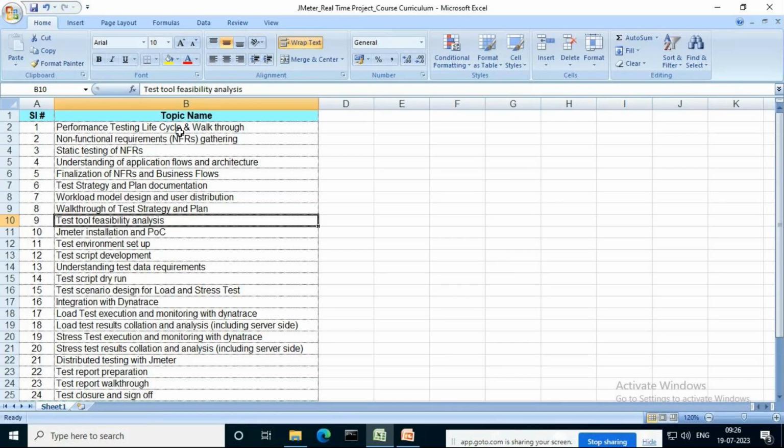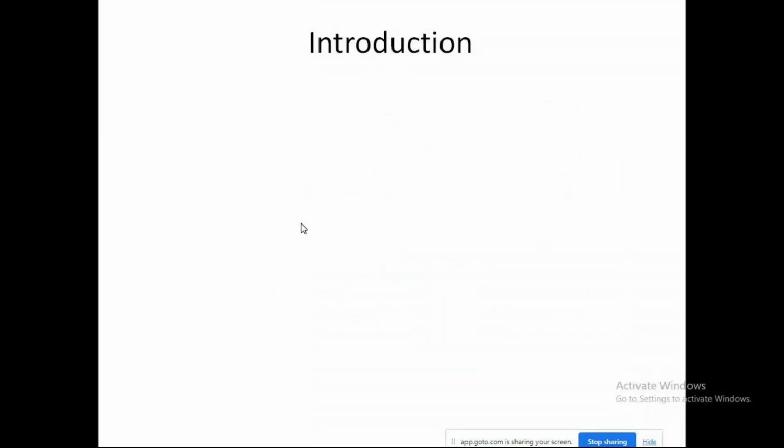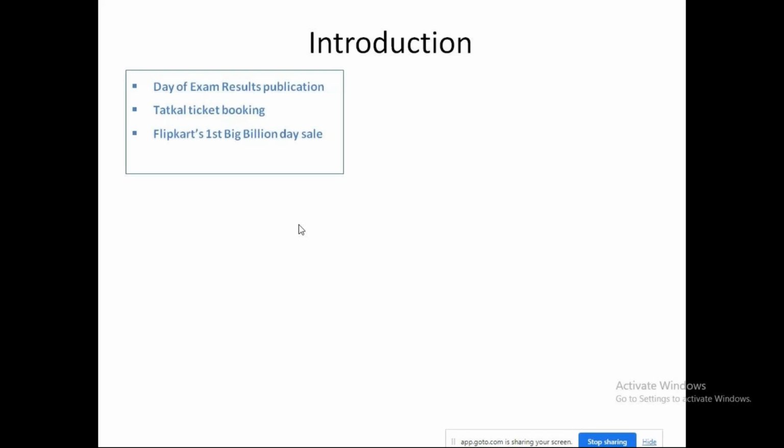So now let us start with the topic. Coming to the introduction, guys, I'll show you some pointers. The day on which your exam results get published. And in India, you all would be familiar with Tatkal ticket bookings for trains.